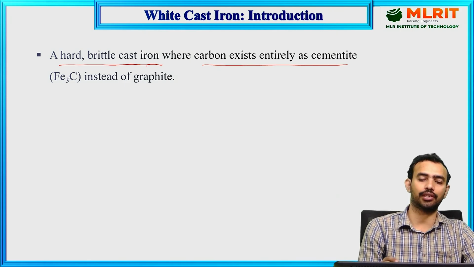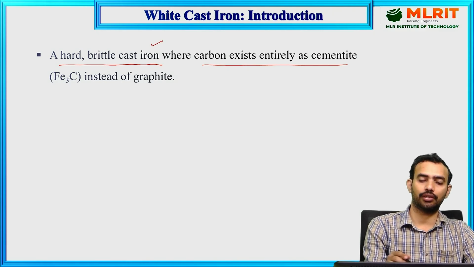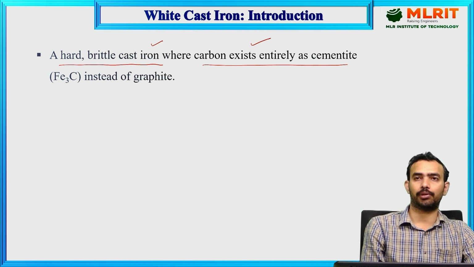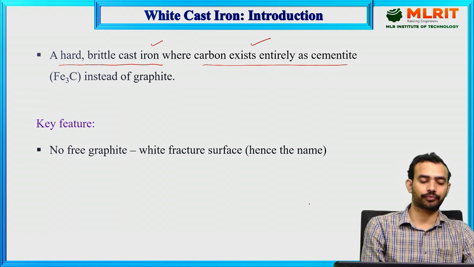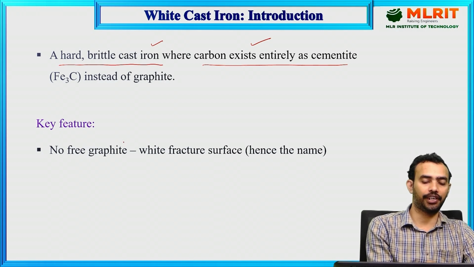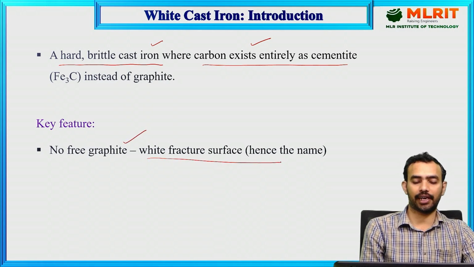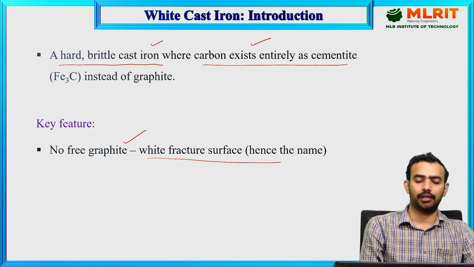So this particular cast iron, white cast iron, which is hard and brittle, consists of carbon present in the form of cementite. The key feature is there is no free graphite here. If you look at the fracture surfaces, there is no presence of graphite, and the carbon is present in the form of cementite.